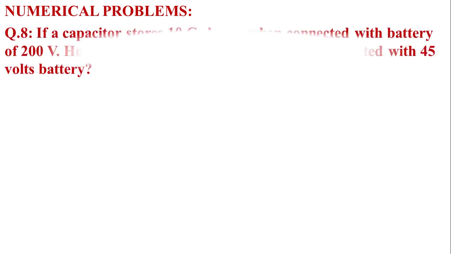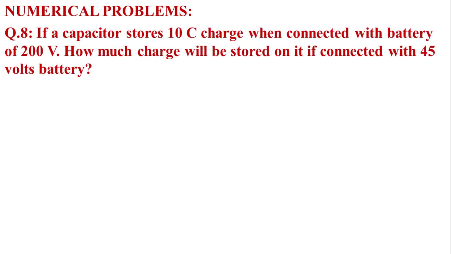In the next numerical problem, number 8: if a capacitor stores 10 coulomb charge when connected with a battery of 200 volt, how much charge will be stored on it if connected with a 40-volt battery?